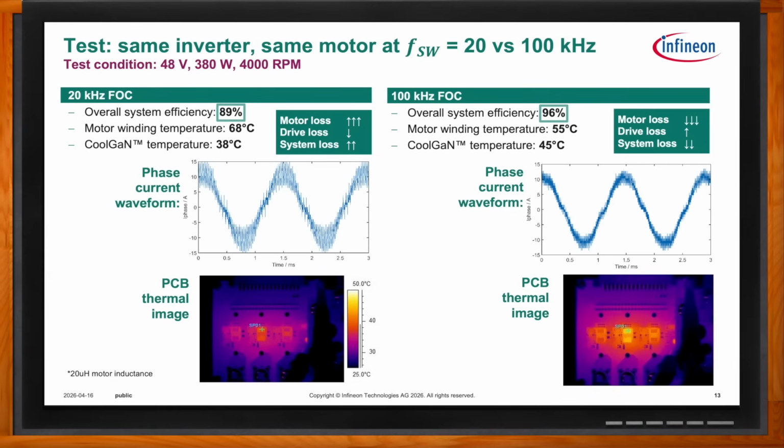So I have a 3x reduction in total loss. So the motor is by far the largest loss here, especially here at the low frequency, and it's dramatically reduced by going to 100 kilohertz. That's why we go up in frequency, and even though the drive itself runs a little hotter, the overall system losses are substantially reduced.